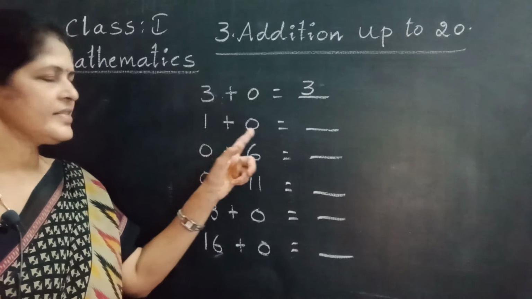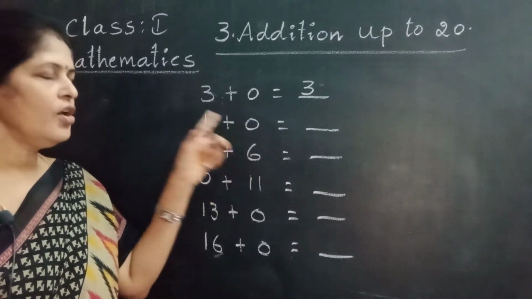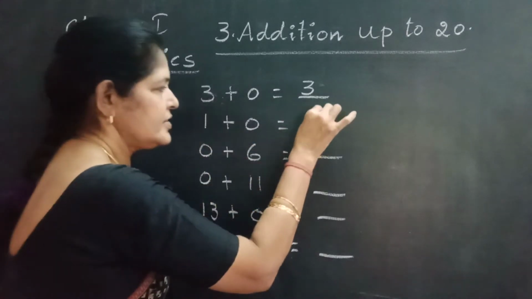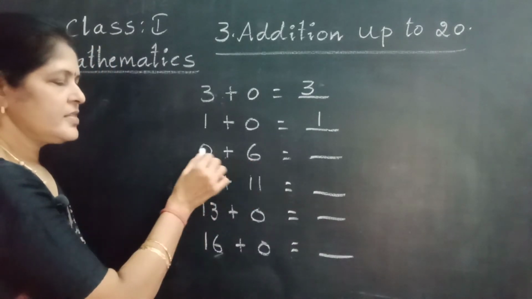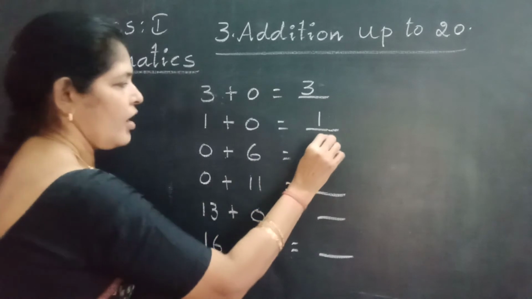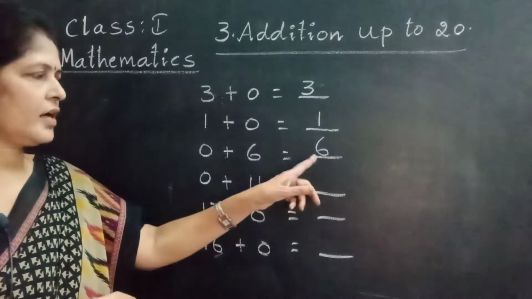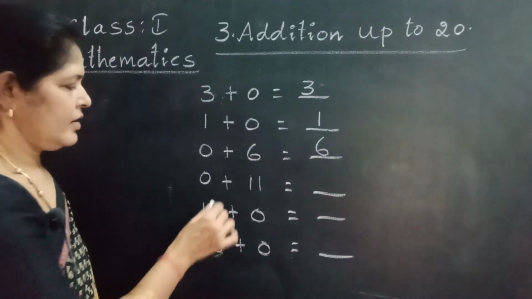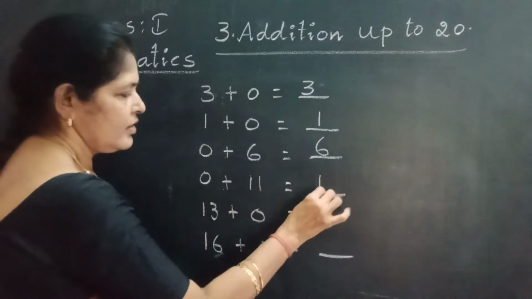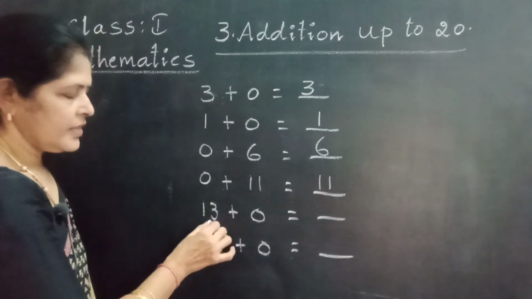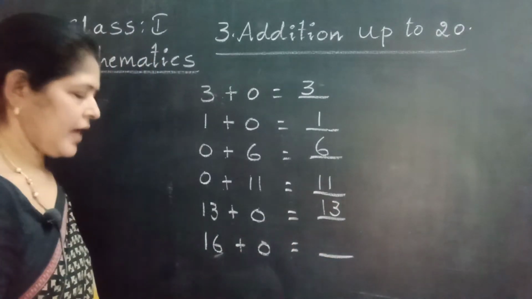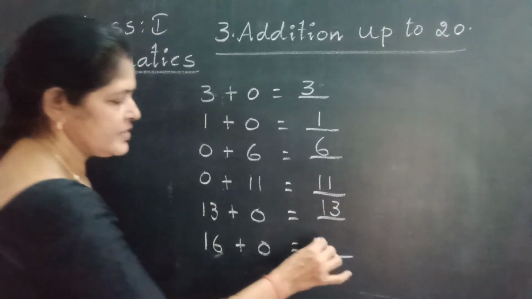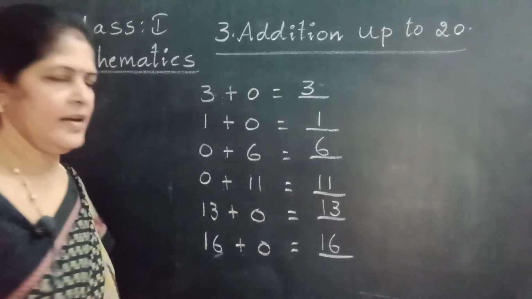Next, 1 plus 0. We add 0 to 1. The answer is 1. 0 plus 6. We add 0 to a number. The answer is the same number. 0 plus 11, total is 11. 13 plus 0, answer is 13. 16 plus 0, total 16.